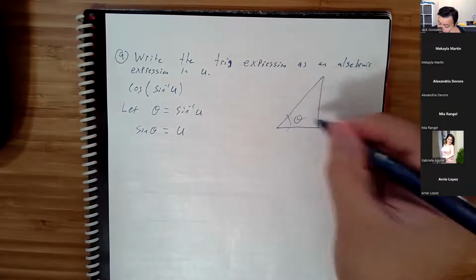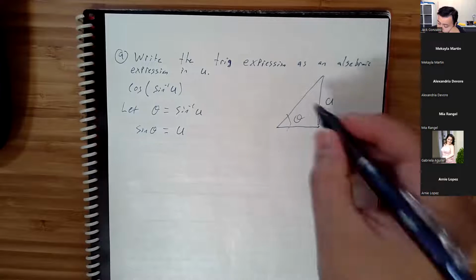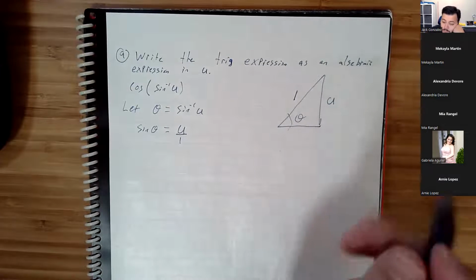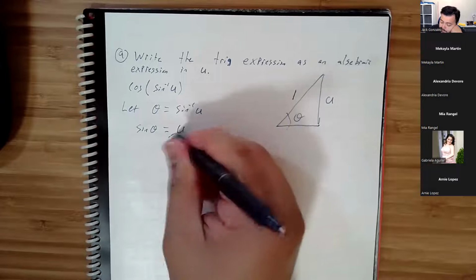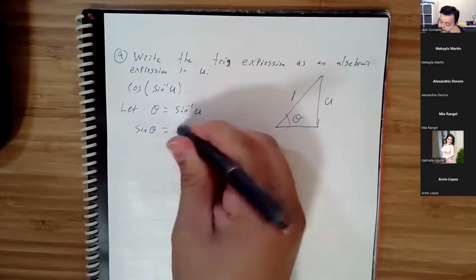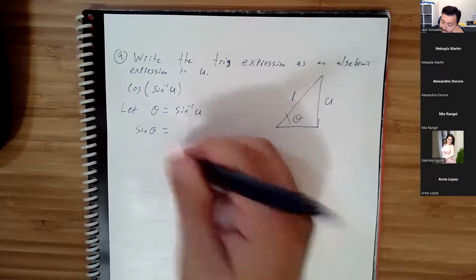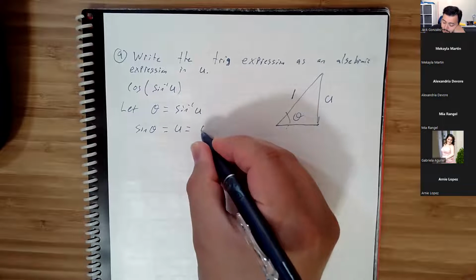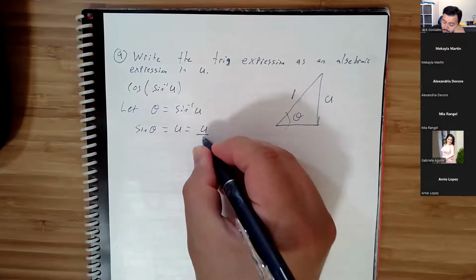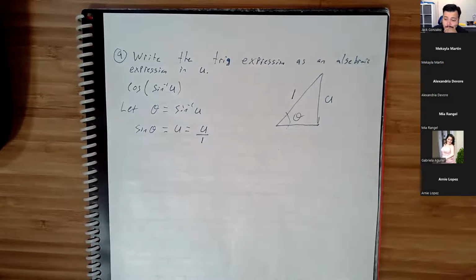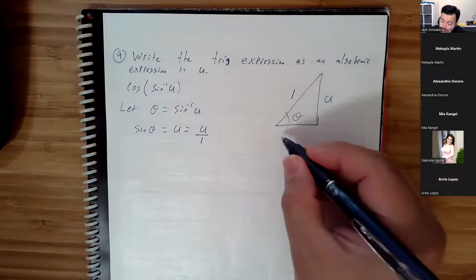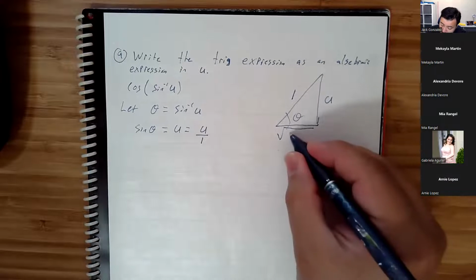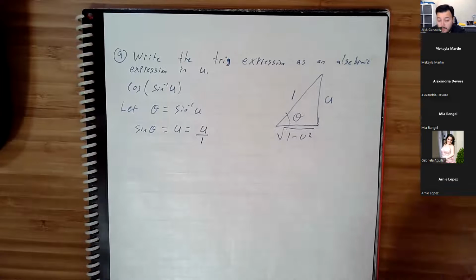So here's theta, opposite is a u, over 1, there's always a 1 down there. Do your Pythagorean theorem. We're going to skip that step because we've done that quite a bit. 1 minus u squared.